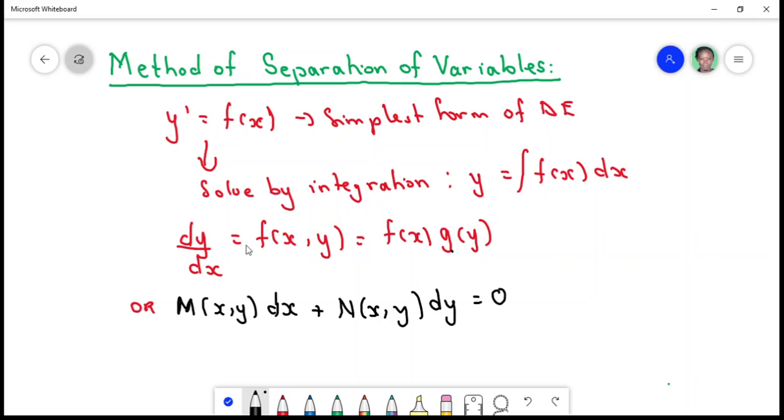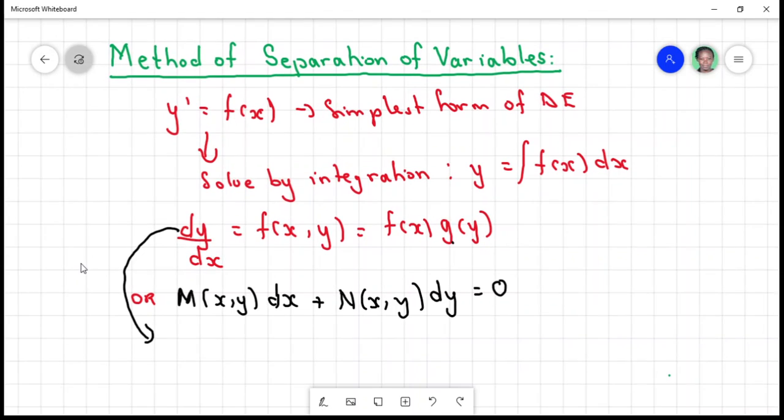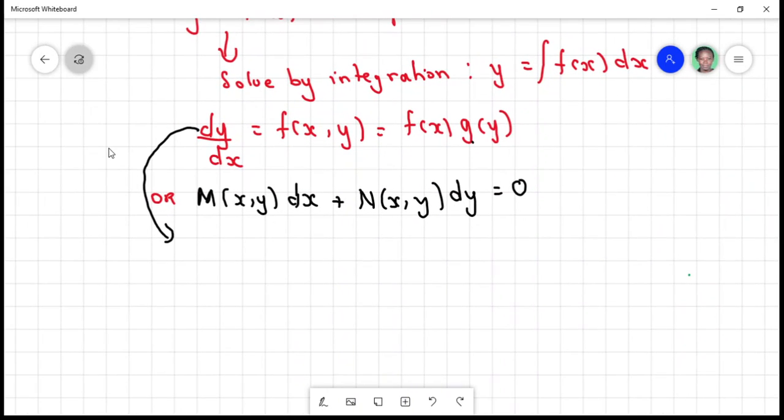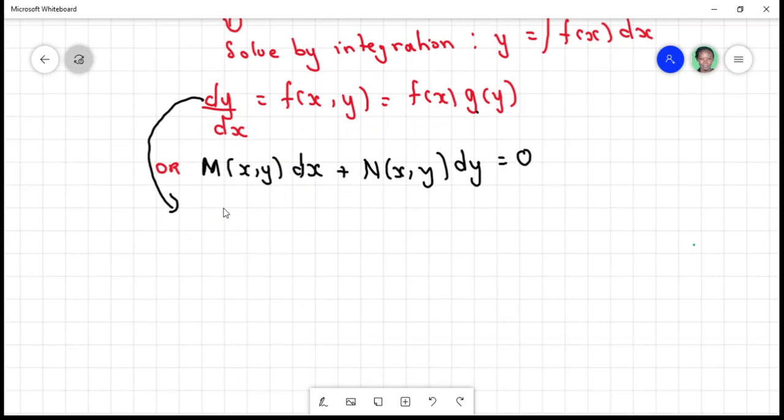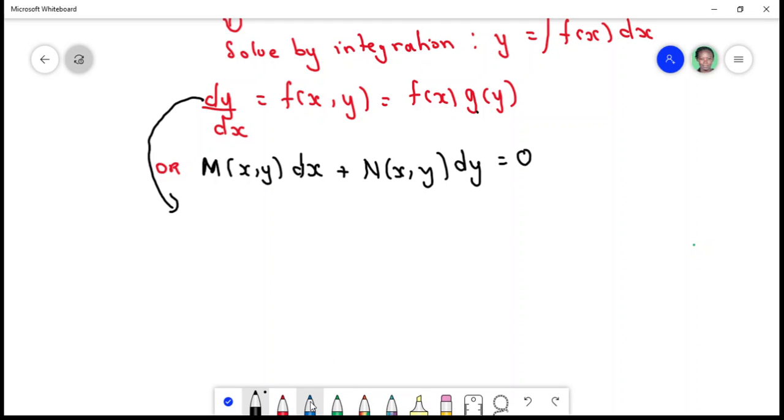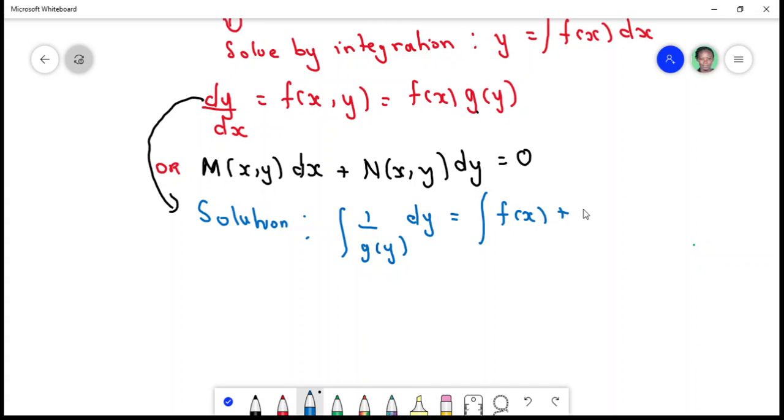So if I want to solve this differential equation where my f and g are continuous, it is going to have this solution: the integral of 1 over g of y dy equals the integral of f of x dx, plus a constant.